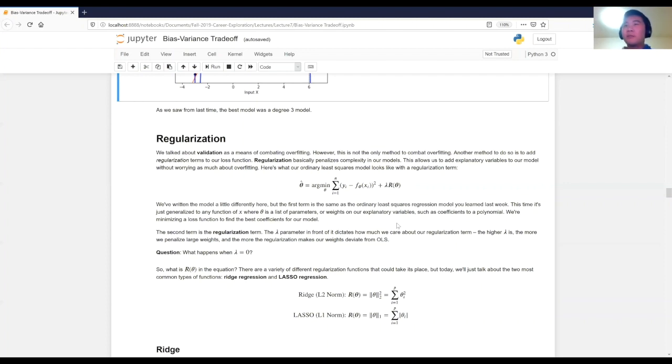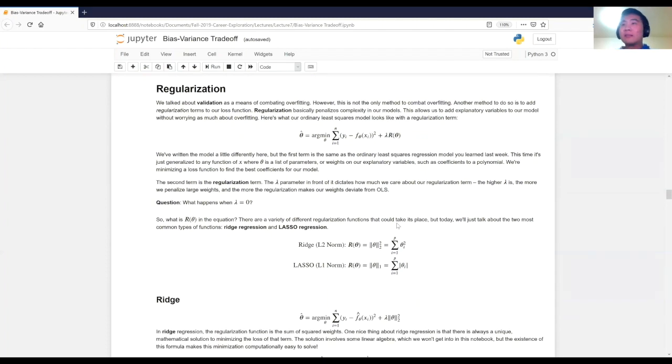There's no conclusive way to prove that my proxy for how complex I think a model is is truly correct. However, there are two really popular ways of trying to describe the complexity of a model through its weights. And as a recap, the weights of a model are described by the vector theta.